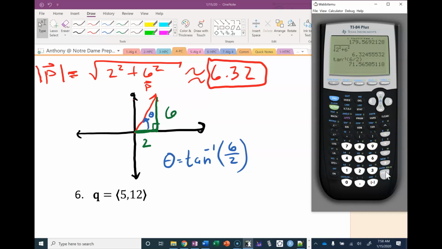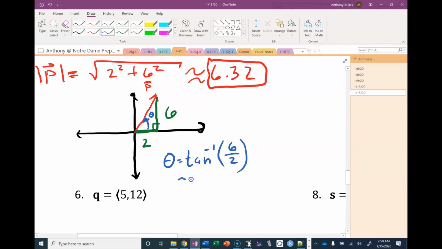When I do that, making sure my calculator is in degree mode, I get 71.57 degrees. So that's my direction. Is everybody okay there?